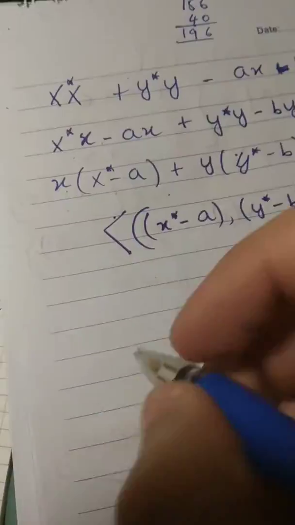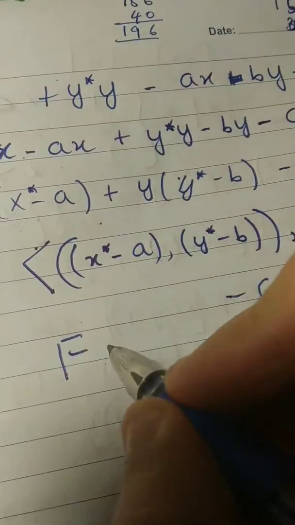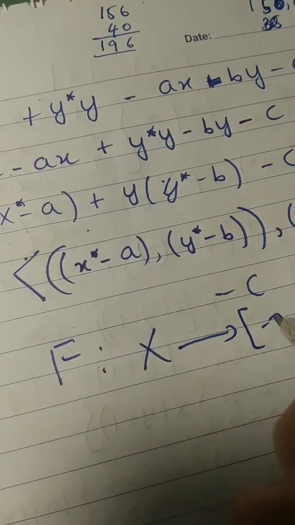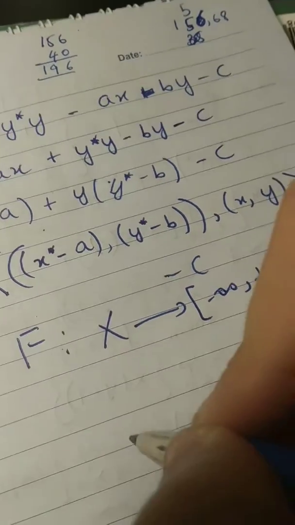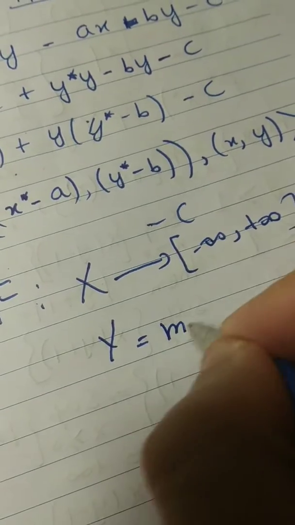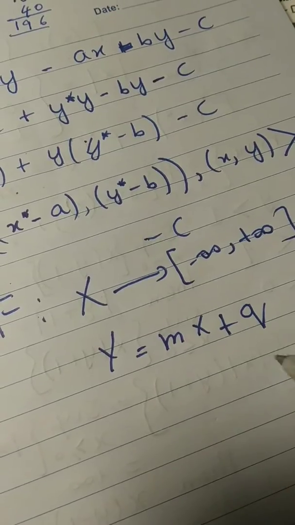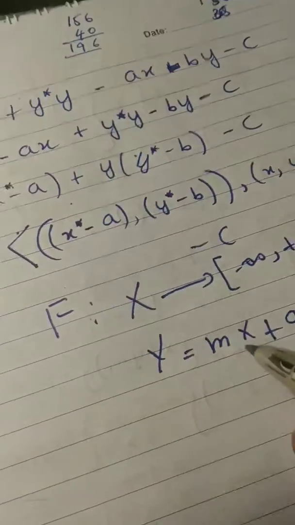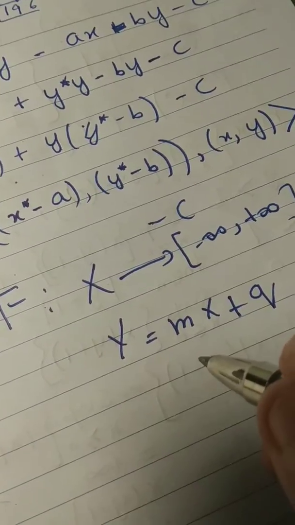If we have a function f from the set X to the interval minus infinity to plus infinity, and we have a y-intercept line mx plus q, where q is some constant and m is the slope. In the previous classes you learned that m is the slope in y-intercept form, and you know the definition of slope also.